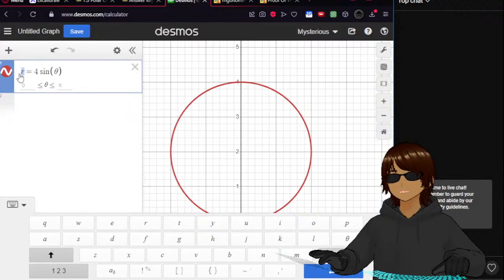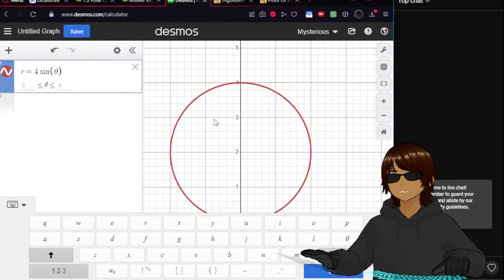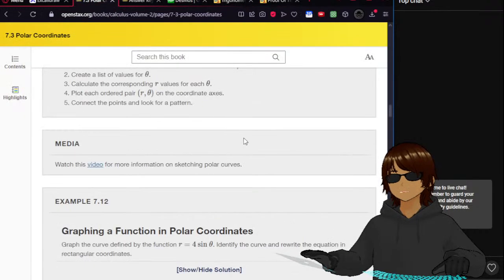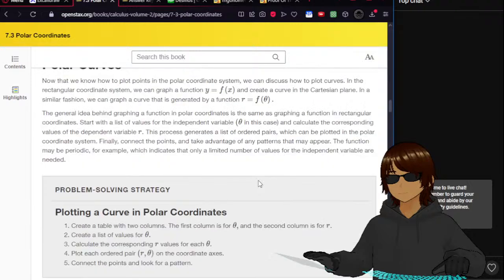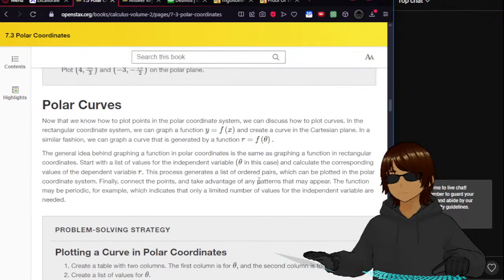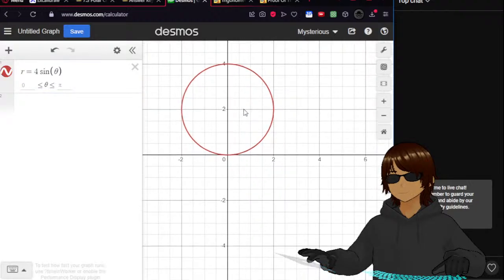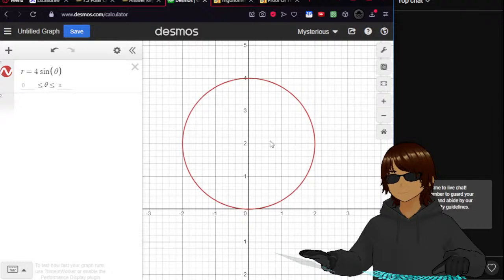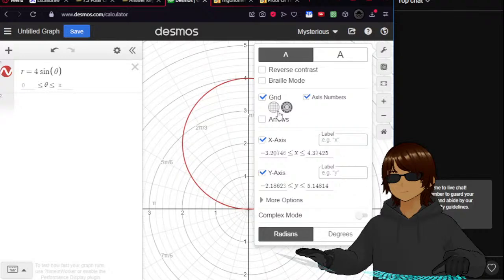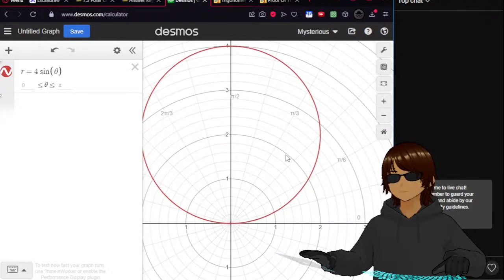Shouldn't this be a Y? I'm getting confused. R is... sine is 0, so R is 0.